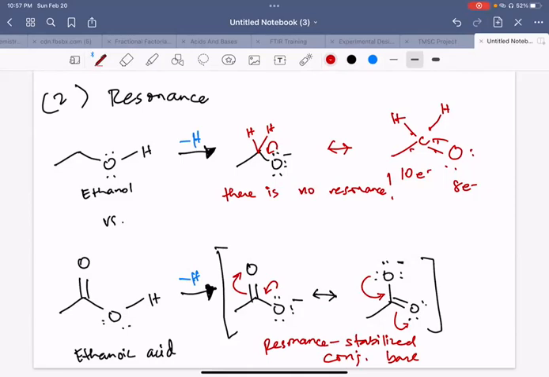Therefore, resonance has a stabilizing effect, and when the anion or the conjugate base is stabilized by a certain factor, in this case resonance, the acid of that conjugate base is the more acidic one. So between ethanol and ethanoic acid, it is ethanoic acid that is more acidic, because ethanol has no resonance.